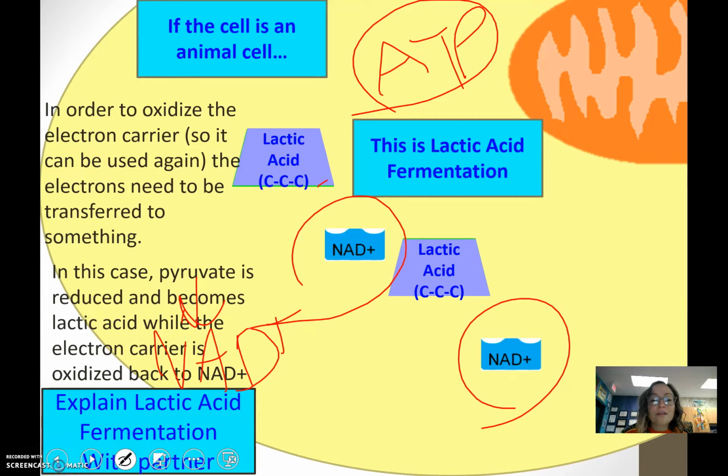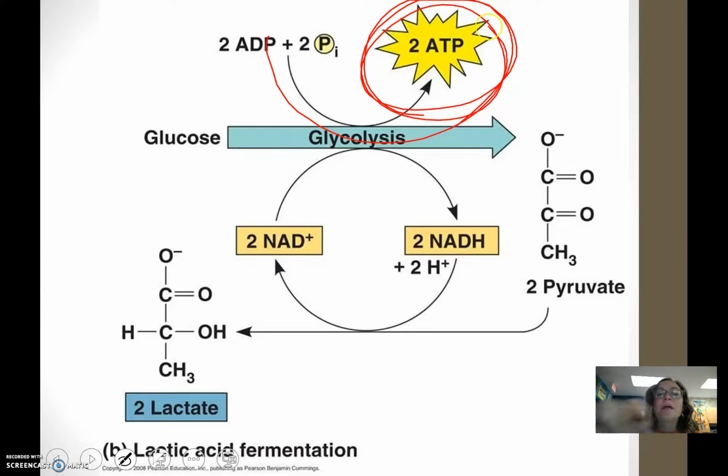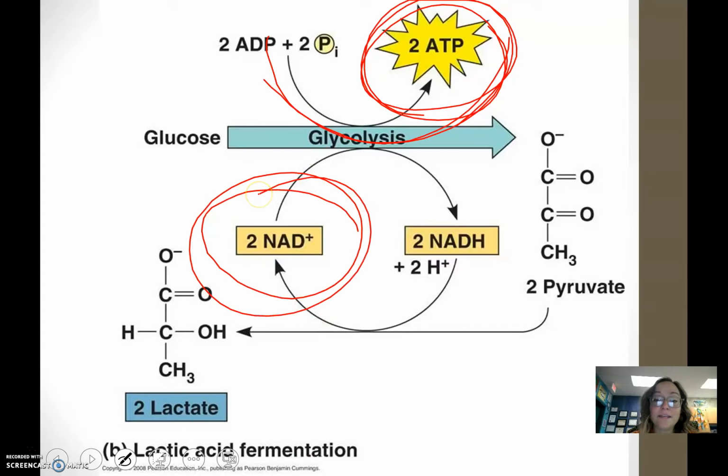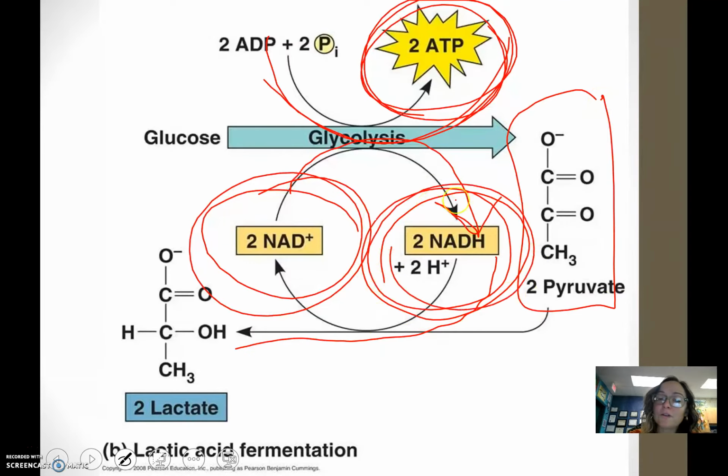If I look here at this slide, for people who like to visualize it: during anaerobic conditions, my main concern is this ATP, and I need to keep glycolysis happening to make ATP, so I have to make sure I don't run out of NAD+. After glycolysis, I have two reduced electron carriers and a pyruvate. So I'm going to need to oxidize this electron carrier.